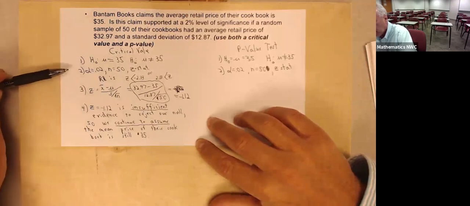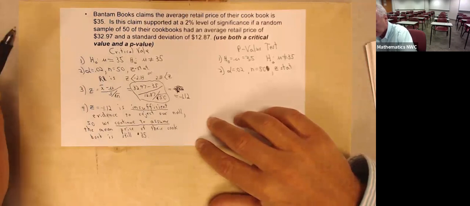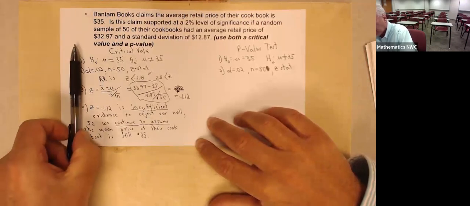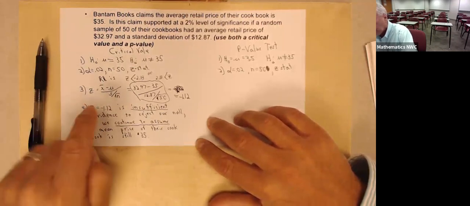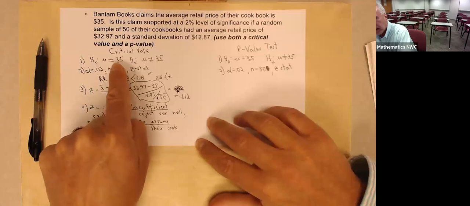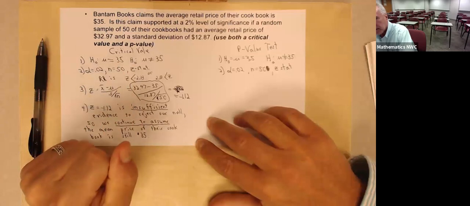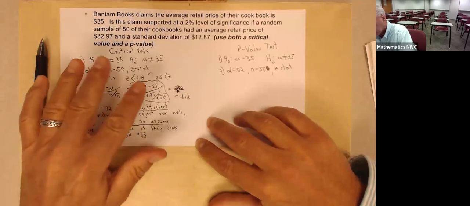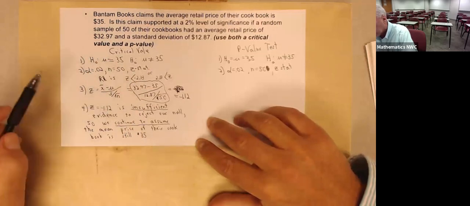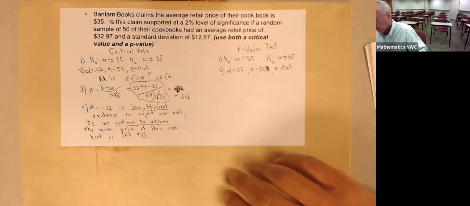So it's crucial that you have all the steps and you number them. For example, I mentioned this before, but if I leave off the numbers, I'm going to lose points. If I leave off n is equal to 50 right here, I would lose points. If I don't put the rejection region down, I would lose points. Those are all very key components in the entire test.